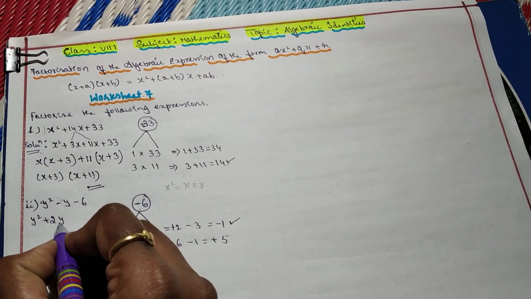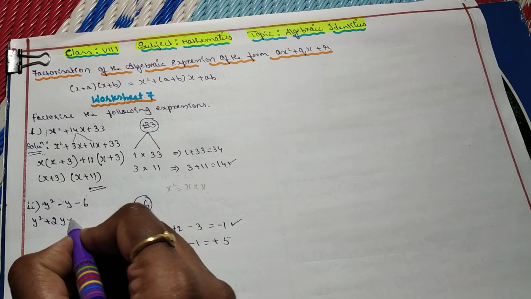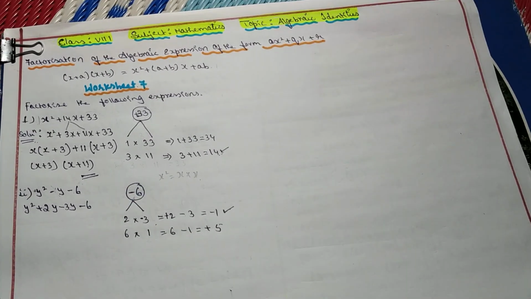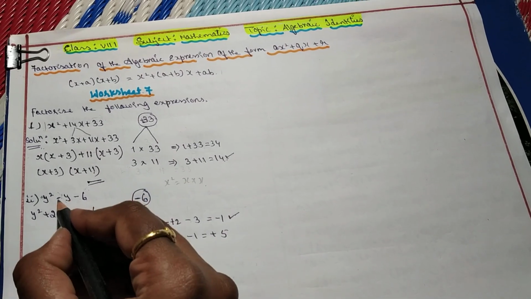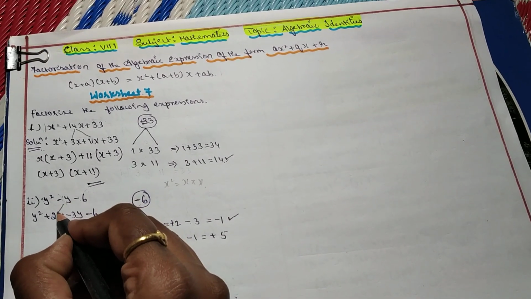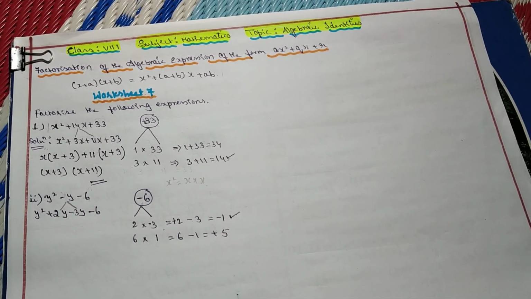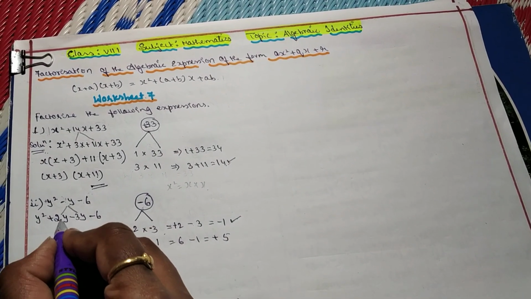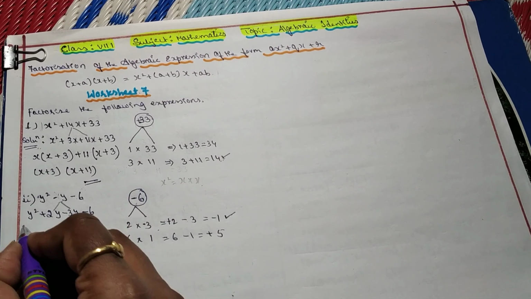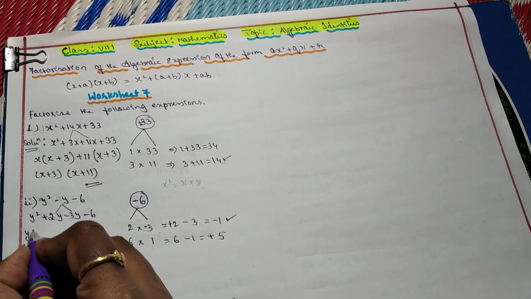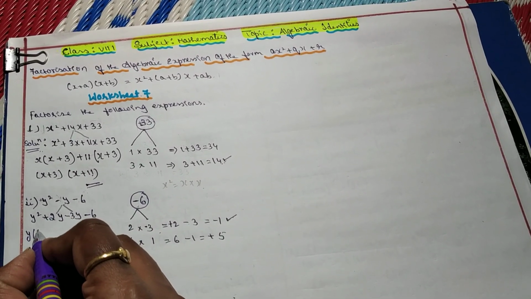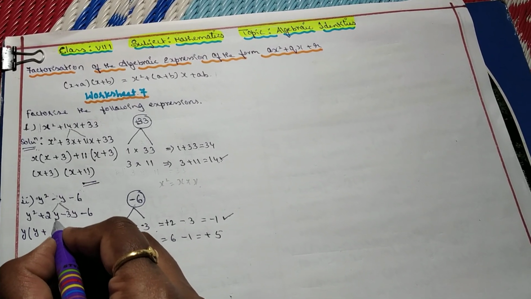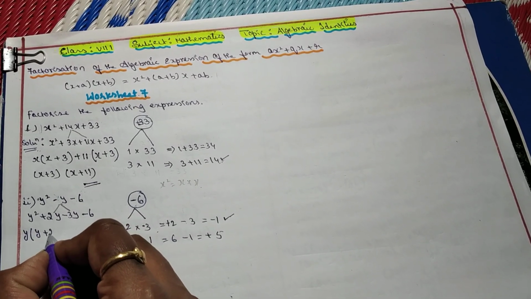And the last term as it is, that is −6. −1y is split as +2y − 3y. Now take the common factor in between these two. I'll go with y common. Then what is left is y + 2.